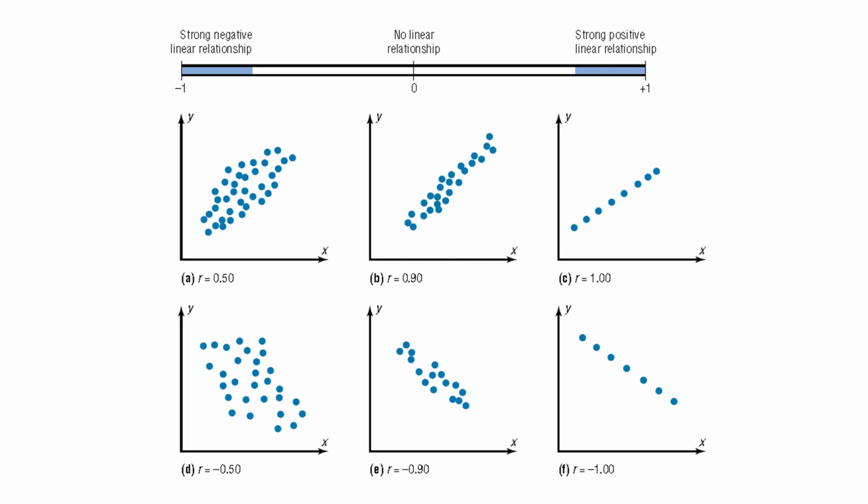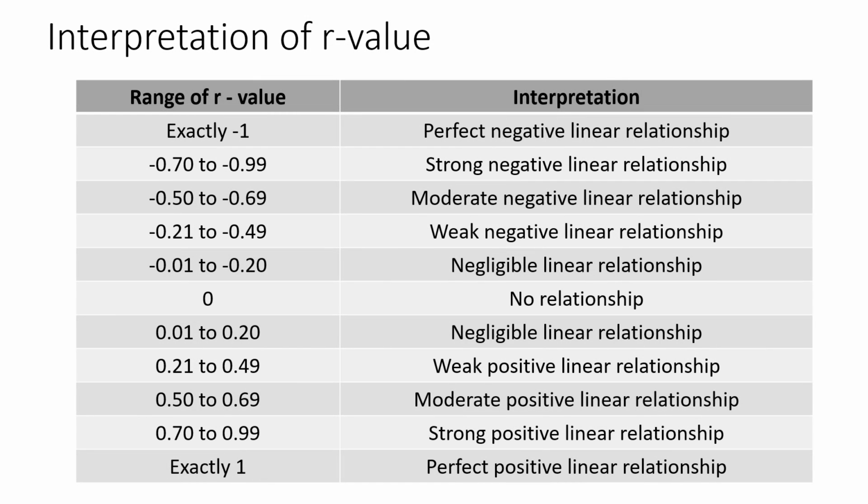As the value of the correlation coefficient decreases from 0 to negative 1, as we can see in graphs D, E, and F, the data values also become closer to a straight line. Again, this suggests a stronger relationship. So this would be our interpretation for our r value.